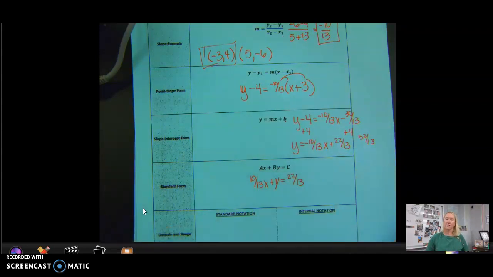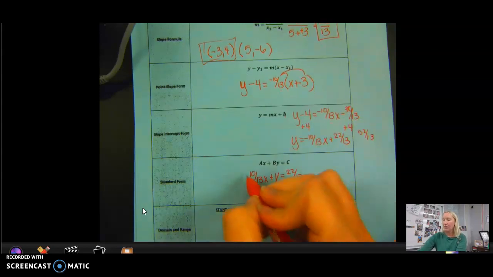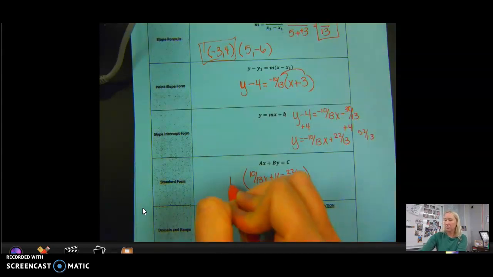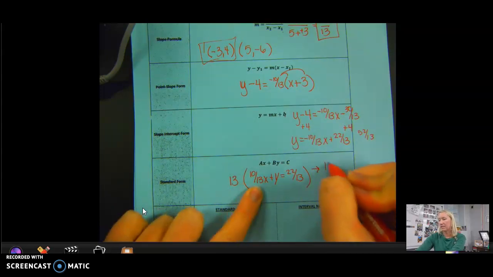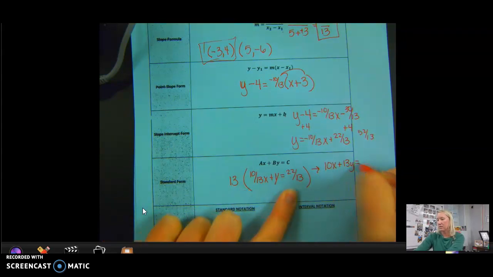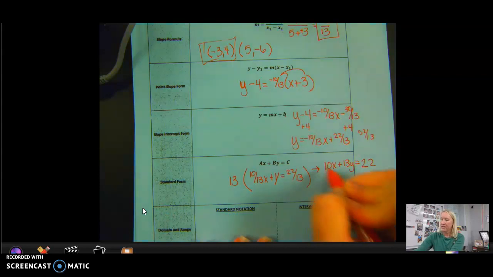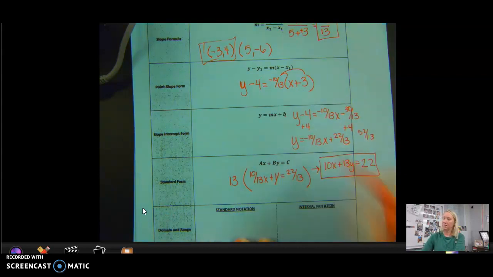The thing about standard form is that a and b, your numbers in front of x and y, can never be negative, nor can they be a fraction. So I want to get rid of that fraction by multiplying the whole thing by 13. When I multiply by 13, I get 10x plus 13y equals 22. That worked out well. So there is my standard form of the equation.